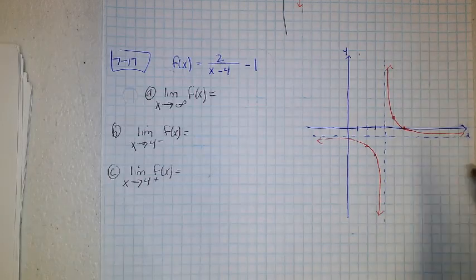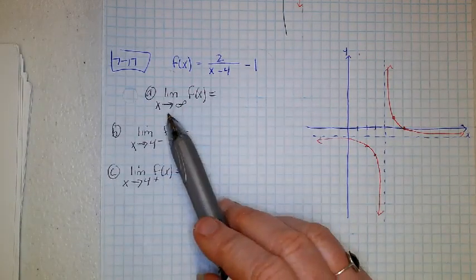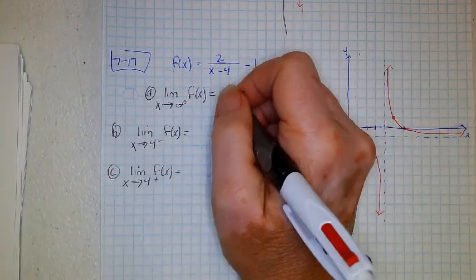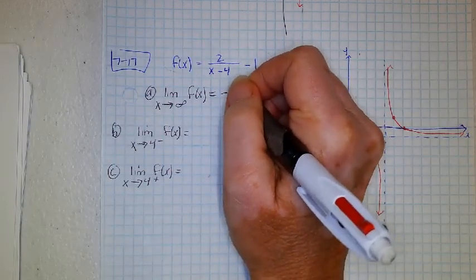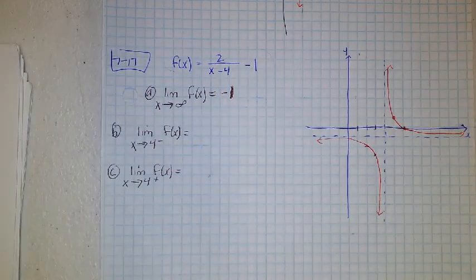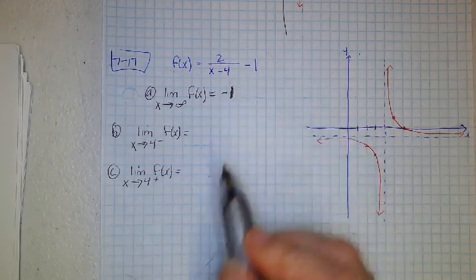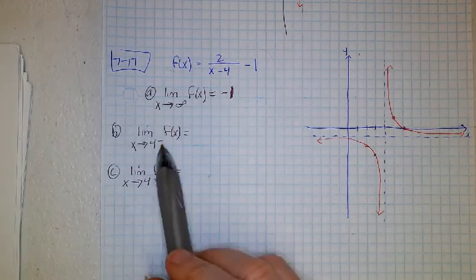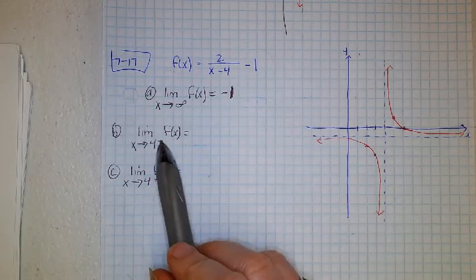Where do the y values go as x goes to infinity? The y value goes to -1. So we're just going to say -1. It's -1.